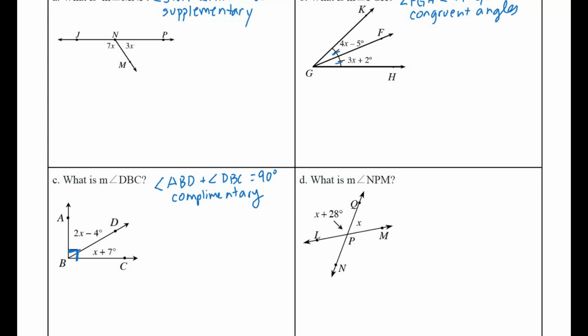Okay, here I'm being asked to find angle NPM. And I think I might need 2 angle relationships for this. First, I see that angle LPQ plus angle QPM should equal 180 degrees. They are supplementary. It's a straight line.